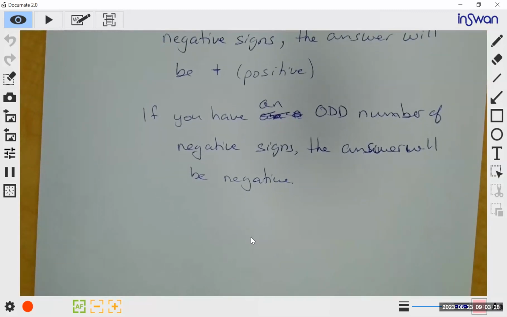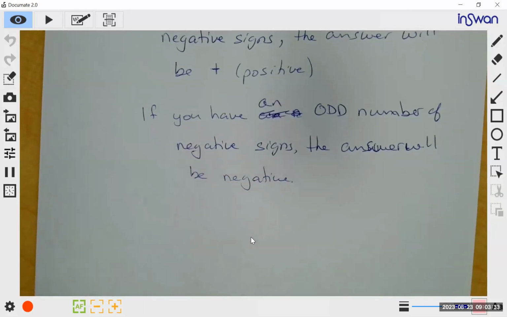So before you do anything, just count the number of signs. There's a difference between a positive sign and a plus, a negative sign and a minus.